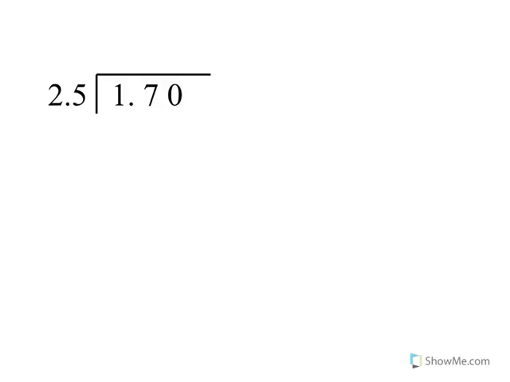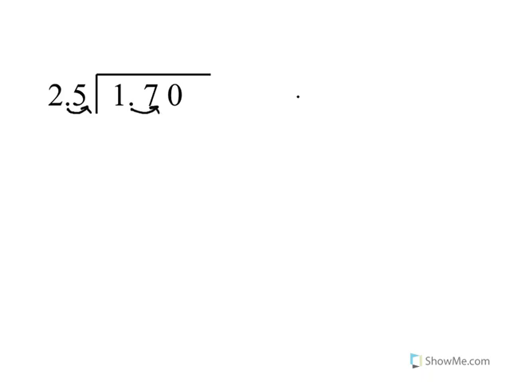Let's look at our last problem. Here I have 1 70 hundredths divided by 2 5/10. This one's kind of easy. I know we're multiplying our divisor and dividend by 10, but that's going to just cause the decimal point to move each one place to the right.